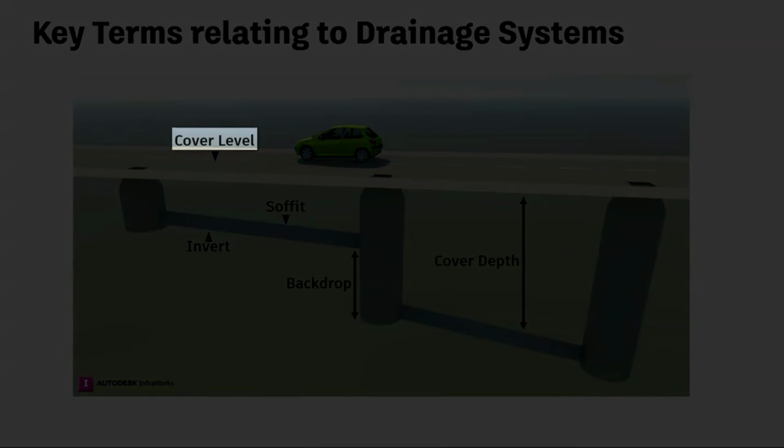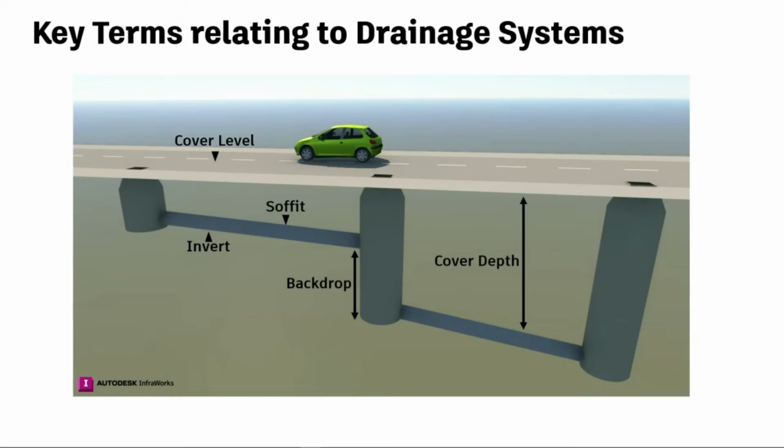When you hear the term cover level, think of this as the surface level elevation of a structure. For example, if you see a manhole cover in reality, the point in elevation that this manhole cover sits will be the cover level. Surfaces like car parks or roads could also be the cover level relative to the drainage structure.